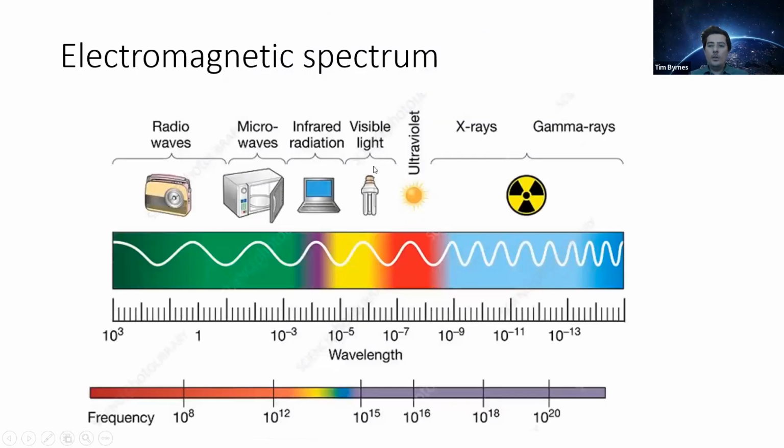Yeah, so you can of course have many different types of frequencies of light or electromagnetic radiation.